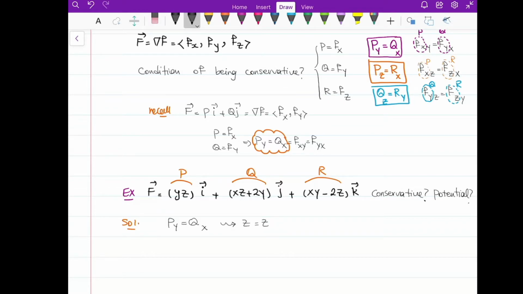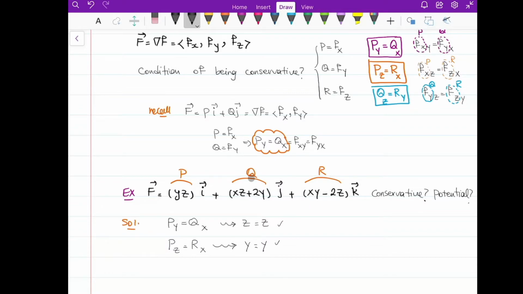Then P with respect to z should be equal to R with respect to x. So P with respect to z is equal to y, and R with respect to x is just equal to y because z is just a constant, so this part would be 0. So we're good up to now.